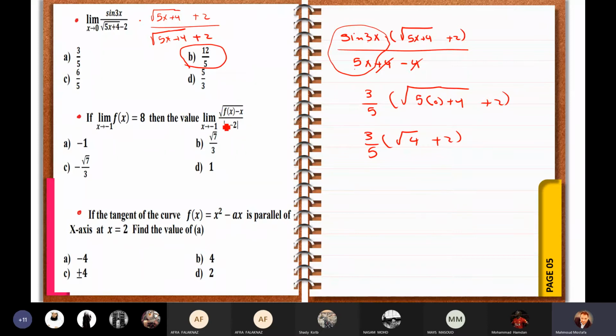Then find the value of the limit of square root of f of x minus x, over absolute value of x minus 2, when x approaches -1. Direct substitution.